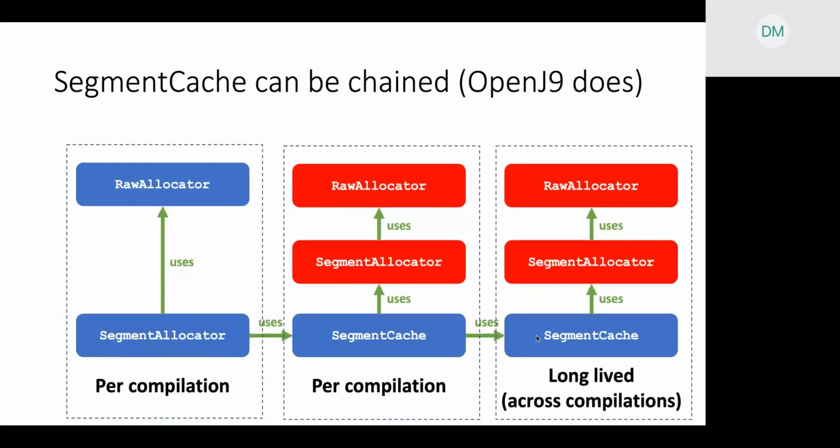It gives it back at the end of each compilation, but it doesn't hand it back to the operating system or back to J9. It holds on to that segment. It's actually arranged in a strange way in OpenJ9 right now, because what ends up being this long-lived cache actually has a pointer to the per compilation object, the system segment provider.